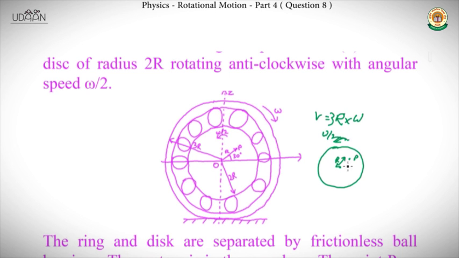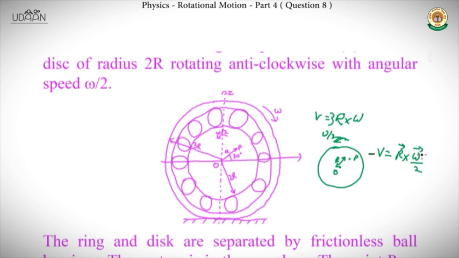Now if we want to find the velocity of point P with respect to point O, we can simply find out by writing down velocity as r cross omega, and here omega is omega by 2, the angular velocity of rotation.